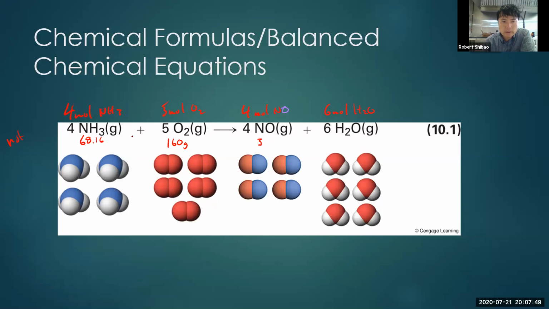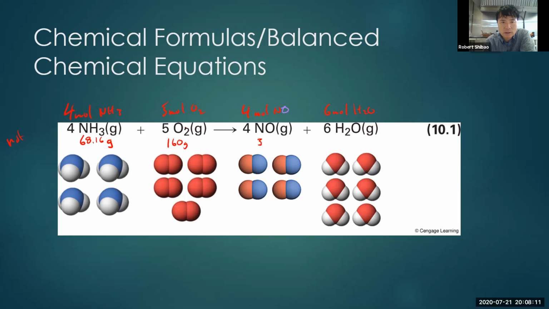So this is also not a gram or mass ratio. If this were a mass ratio, we'd have 68.16 grams of ammonia, because each mole of ammonia weighs 17.04 grams. So 4 times 17.04 gives us 68.16.